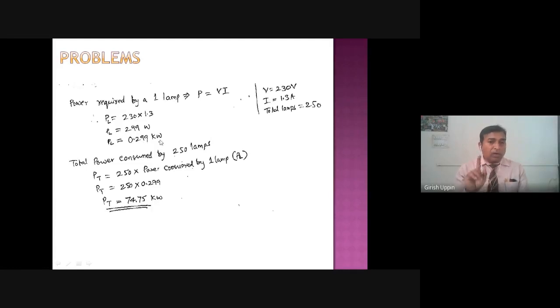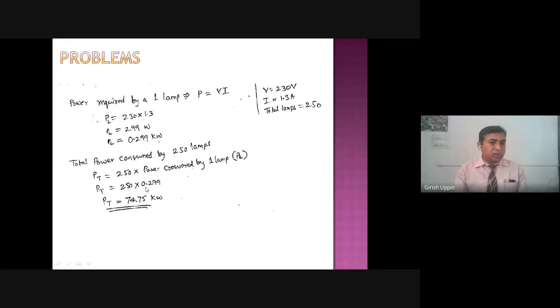The power consumed by one lamp is 0.299 kilowatt. So how much power will be consumed by 250 lamps? It is just the multiplication. One bulb consumes this much power. So total power consumed by the factory is 250 into power consumed by one lamp.